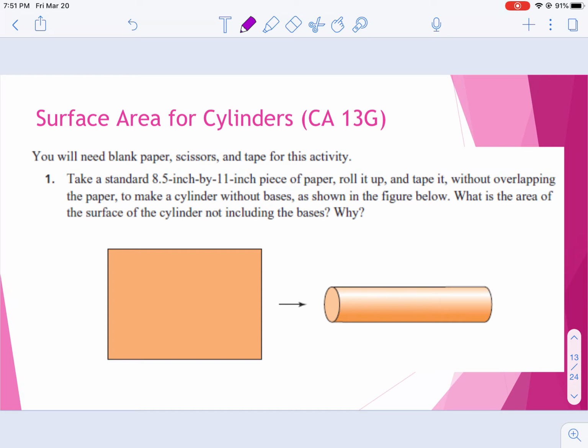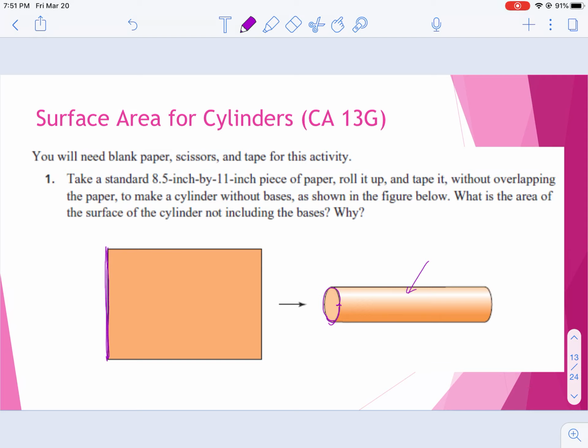Go ahead and pause it and think about it yourself a second. Hopefully you're realizing that this distance here is the same as this distance here.